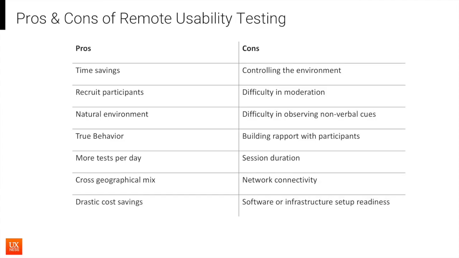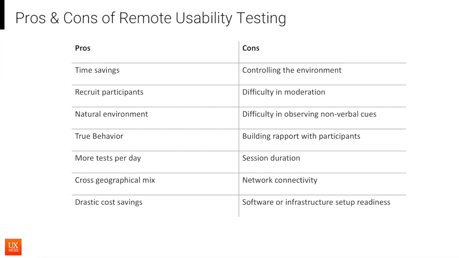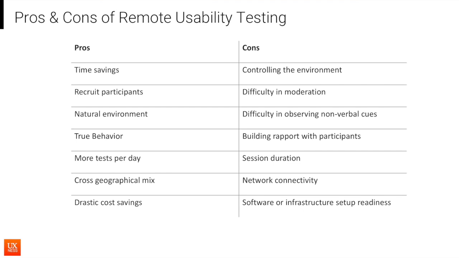It has many advantages, and that is why remote usability testing is valuable. The best one is time saving. With in-person usability testing, it takes a lot of time to set up, identify the people, invite them to the controlled environment, conduct the sessions, and then go into the analysis phase to derive the insights.